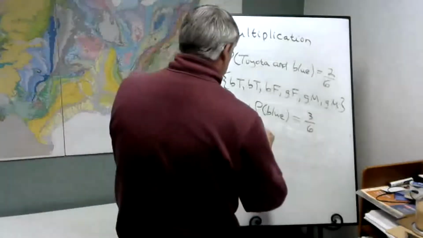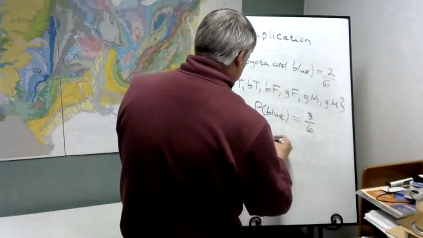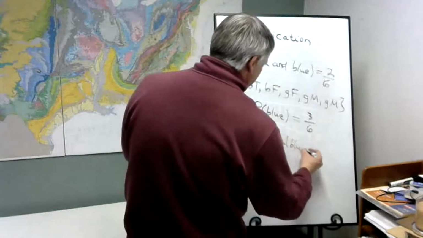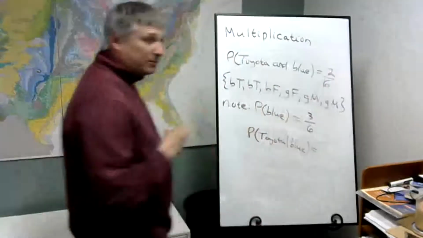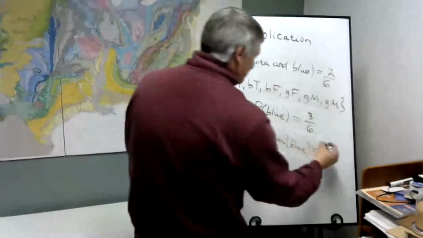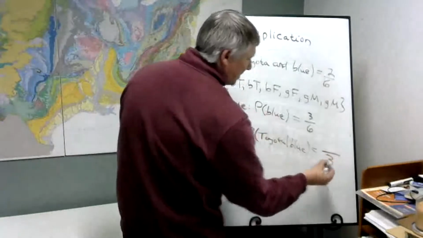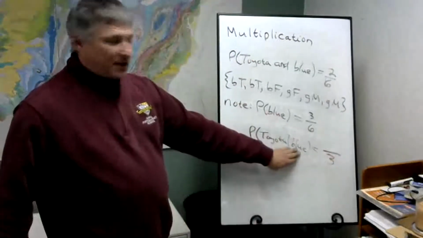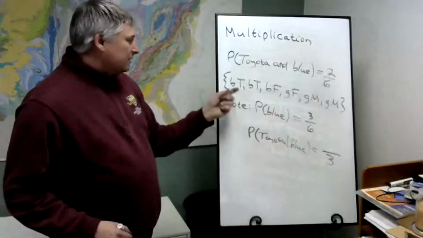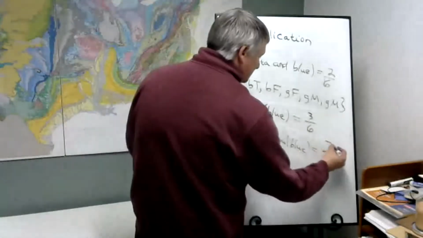Also note, though, the probability of getting a Toyota, given we've reduced our sample space to just blue cars. If we reduce it to blue cars, there's only 3 blue cars. So that's what this part says. Then we go to this part, and it says, well, how many of those are Toyotas? Well, there's 3 blue cars, 2 of them are Toyotas, so 2 out of 3.